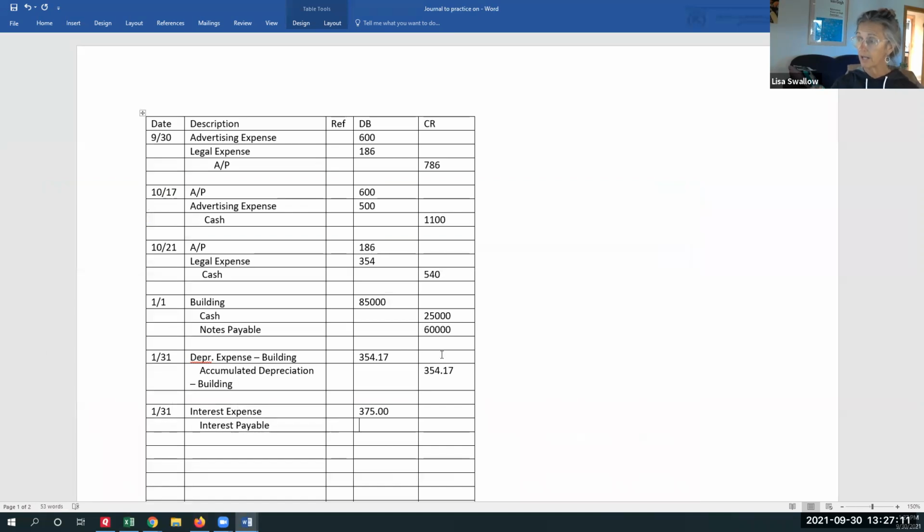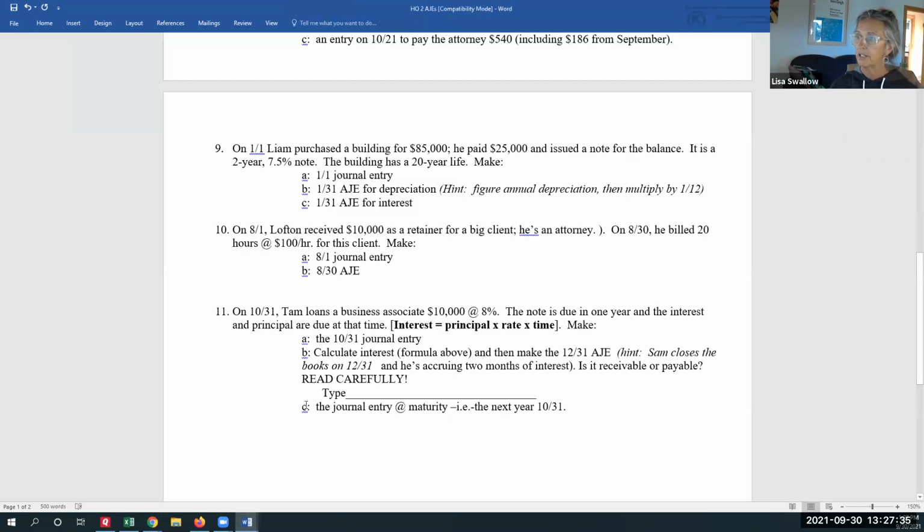I owe it, along with the 60,000, I'm going to have 2 years of accrued interest. I'm going to do this every month. That seems high. 60,000 times 0.075 divided by 12. Oh, no, that's right. $375.